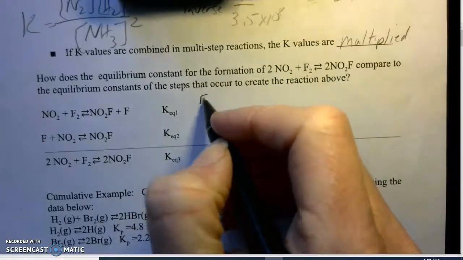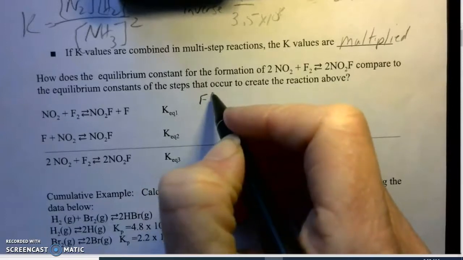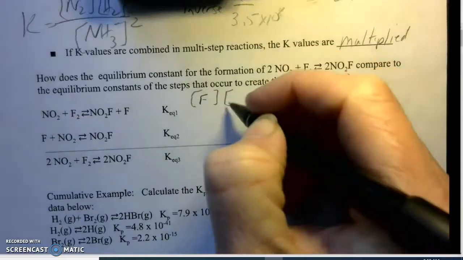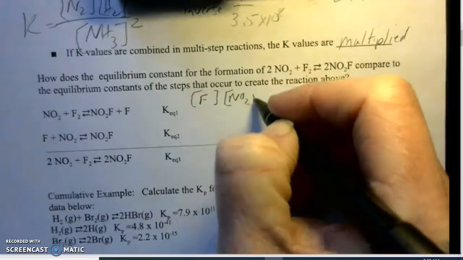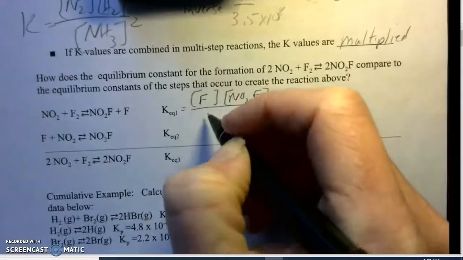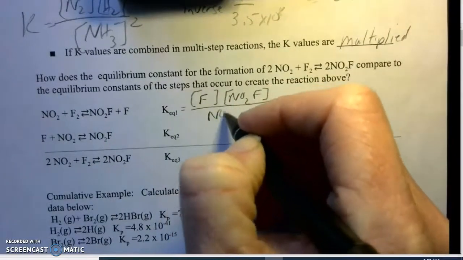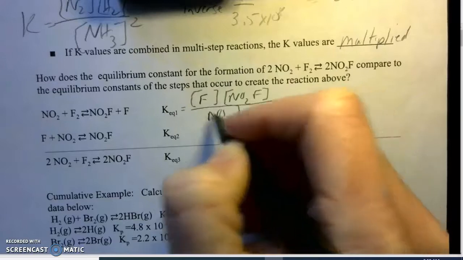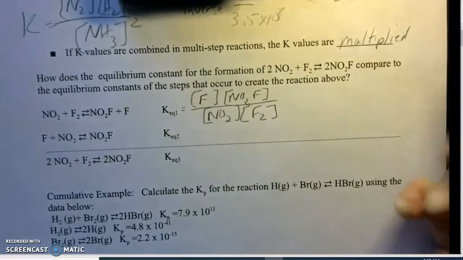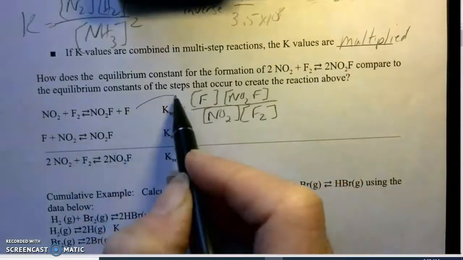So I'm going to have the concentration of F, that's elemental F, the concentration of NO2F over NO2 and F2. I'm just taking this equation and going here.